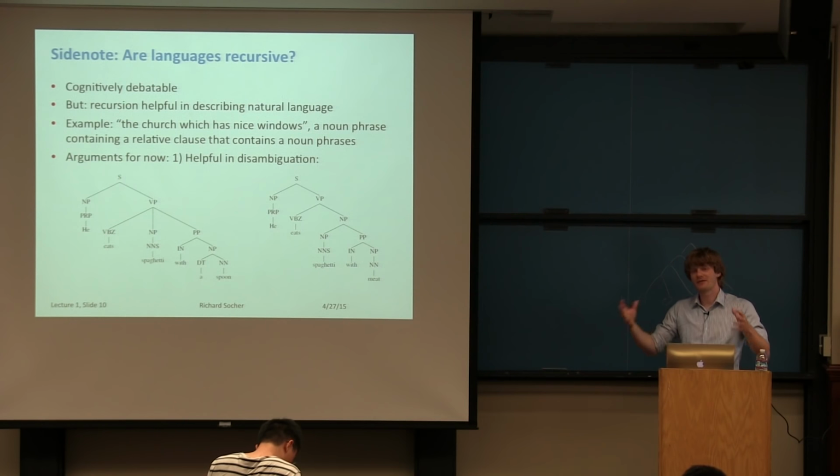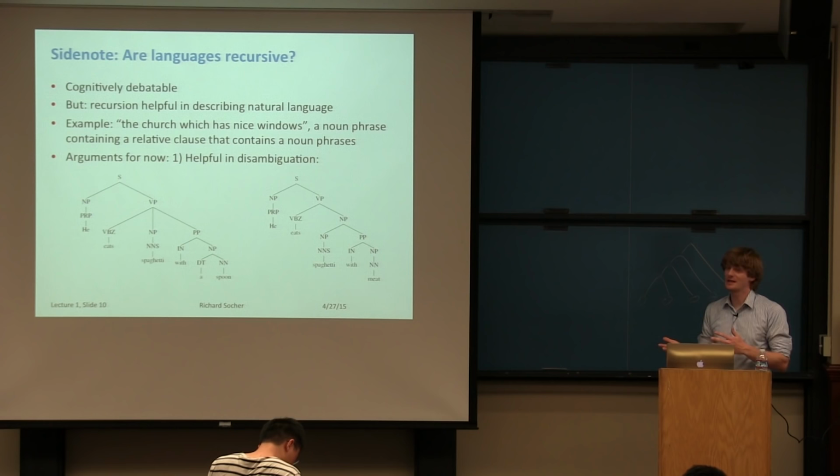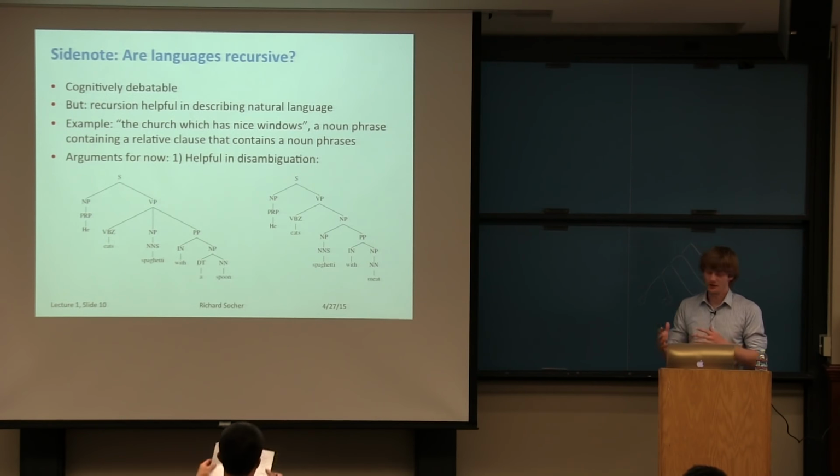Right? So if we have this kind of structure and we make this explicit, it will be useful to disambiguate these 2 cases, and now the model could actually tell us whether it got it right.